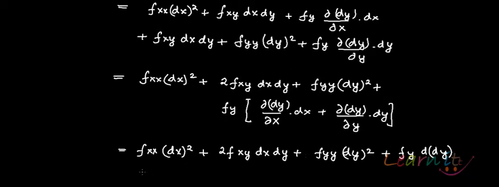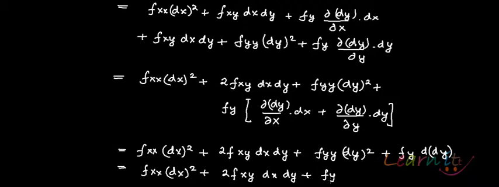And this is actually the second derivative of y. So you can write this as f of xx dx square plus 2 f of xy dx dy plus f of yy dy square plus f of y d2y.